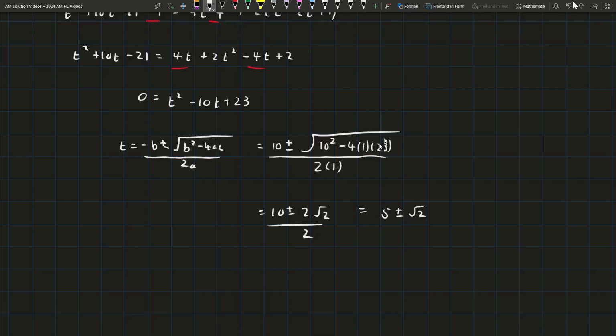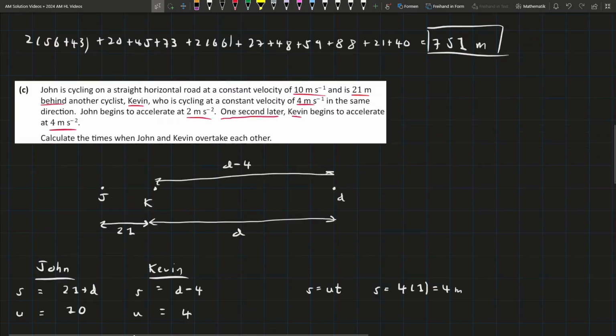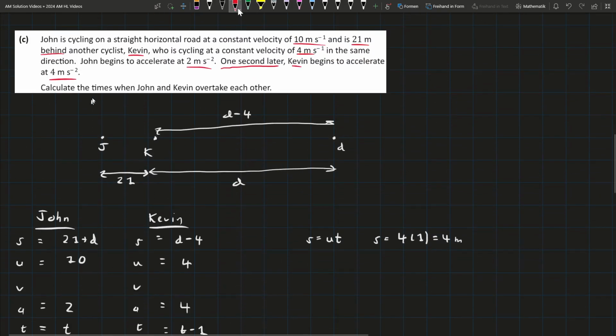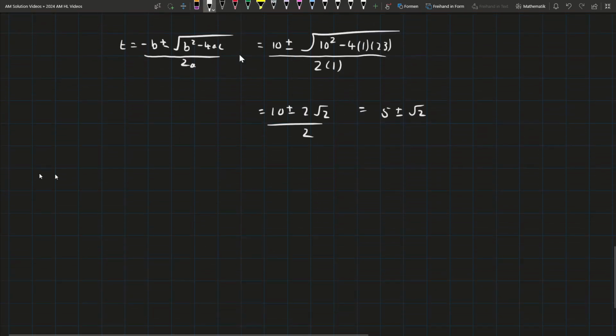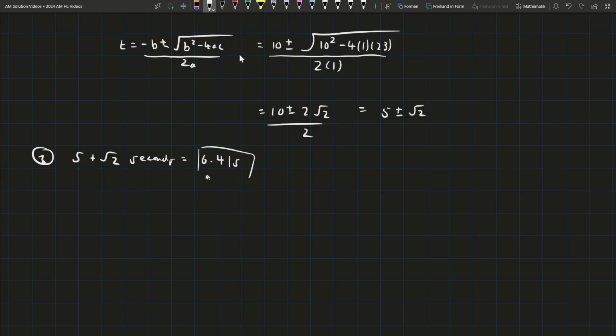Now it does ask us for not the time, but the times when they overtake each other. So we're expecting 2 answers here, and you'll see we'll get them. The first time will be 5 plus root 2 seconds, and if you put that into your calculator to get a number, you'll get 6.41 seconds as your first answer.